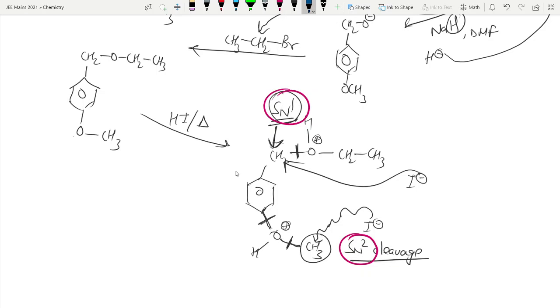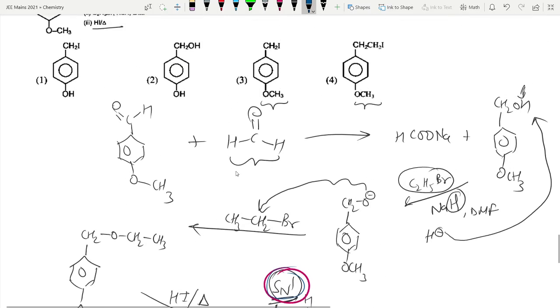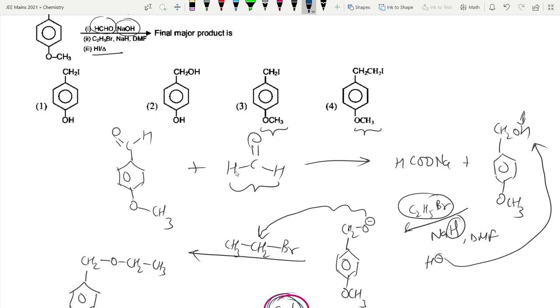So if you break the ether correctly, you will get a CH2I here, because the carbocation will be formed very easily by SN1 cleavage, and here the bond breaks by SN2 mechanism, and you will get a phenol. So if this is an option, I would like to go with it. CH2I and OH, that's the first one. I would like to go with it.